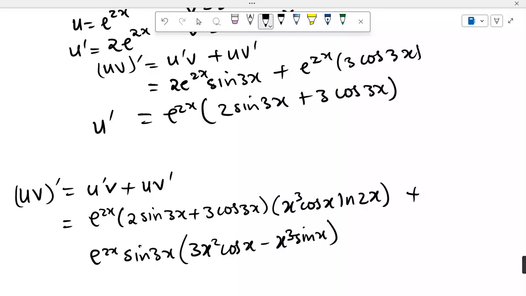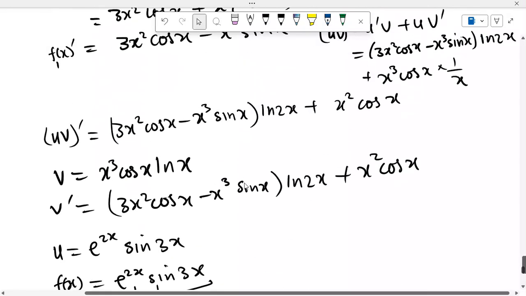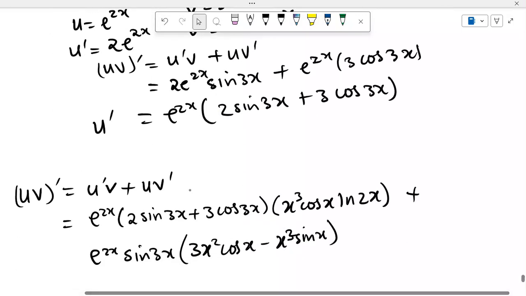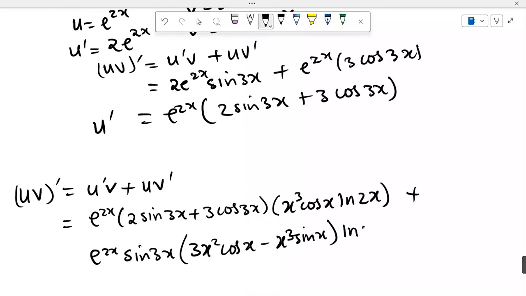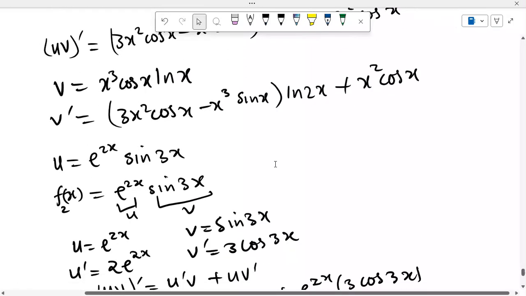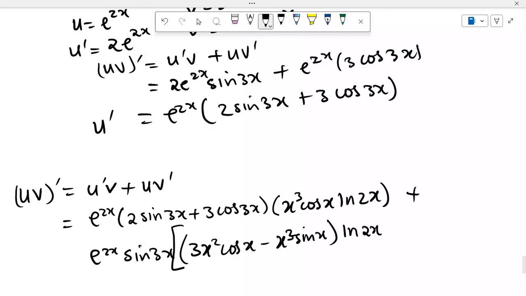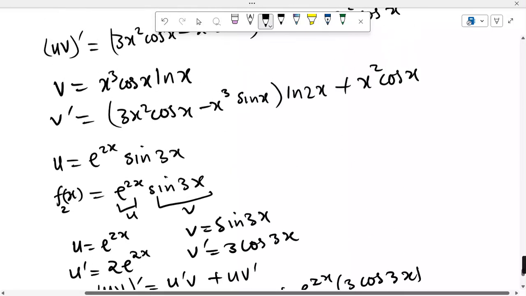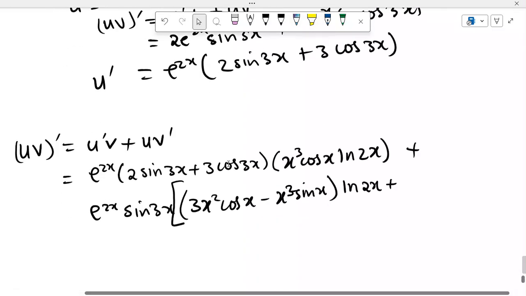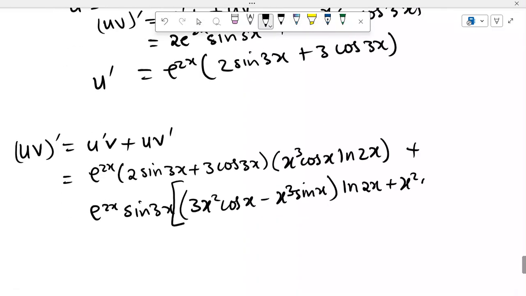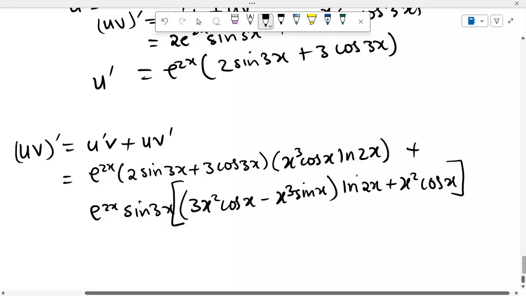Okay, natural log 2x. So all this is what we're writing as v prime. Okay, so let me just put a bracket here because it's too long. Plus x squared cos x. So this is your answer.